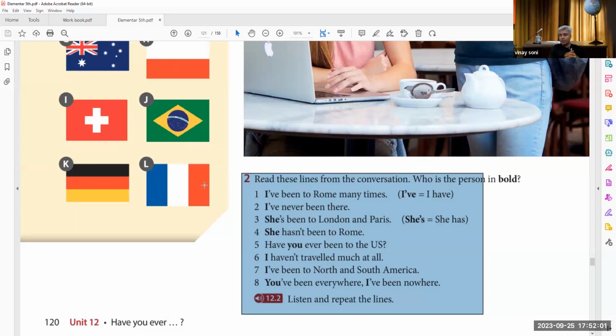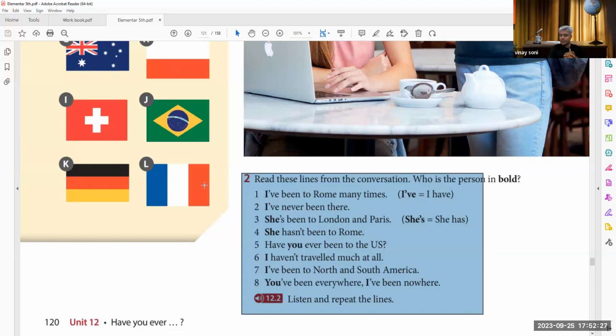Okay, structure-wise, are all the 8 sentences the same structure-wise or is any of them different? And number 5 is different? Okay.